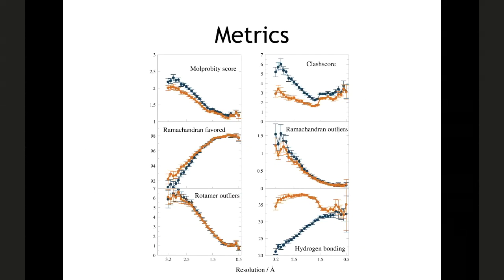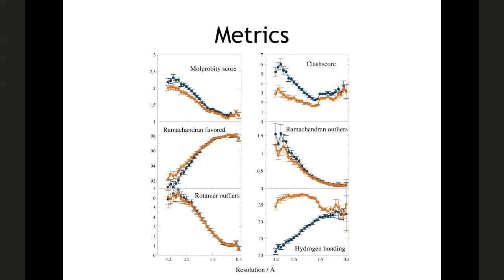The rotamers are very, very similar, so there's nothing going wrong there. And then the hydrogen bonding is greatly increased when you use AMBER compared to the standard. And this is true, once again, at low resolution compared to high. So that's all very impressive.